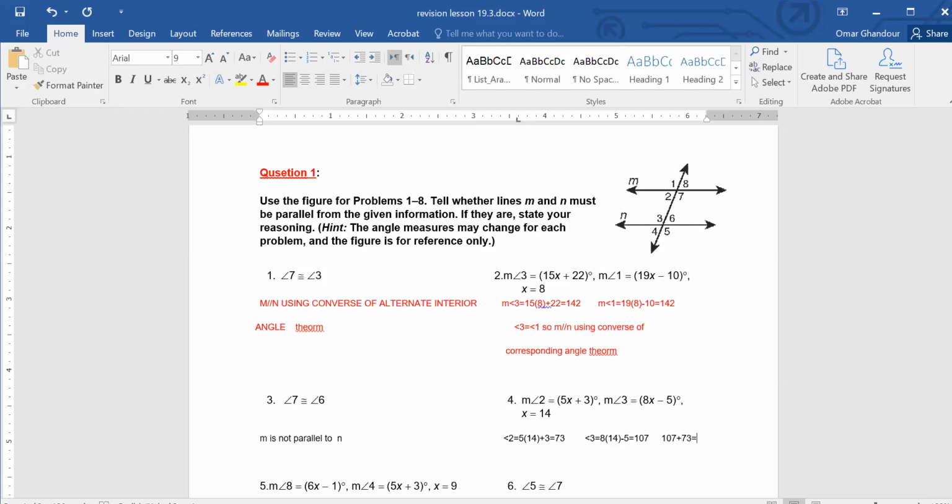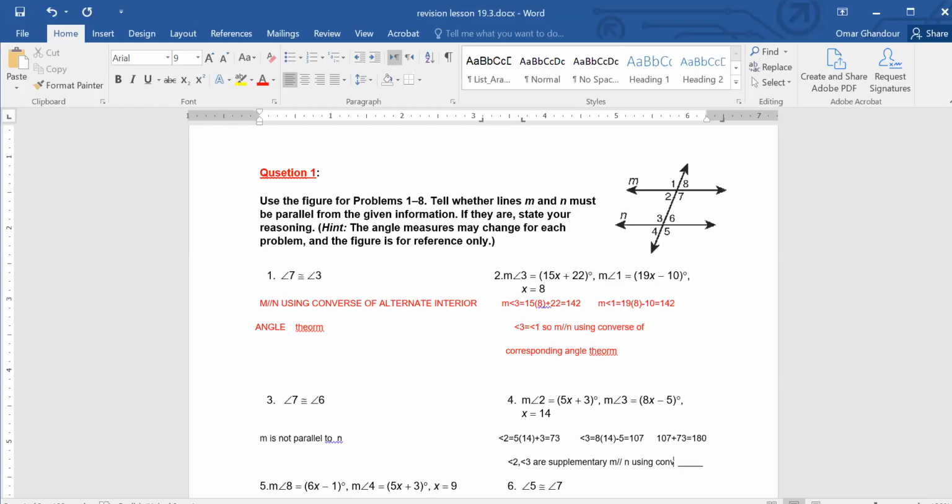Does it give us 180? 107 plus 73 is actually 180. So I can say that angle 2 and angle 3 are supplementary.